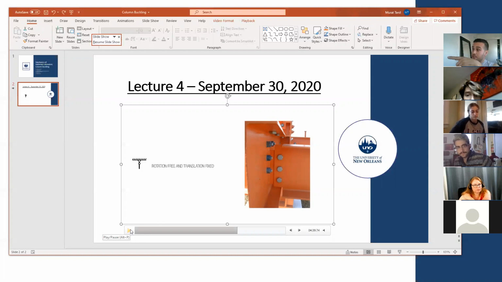So in this case, what happens, you are saving on cost. That's pin design, pin connection. You only have 3 bolts. You only need less labor as opposed to the fixed connection.